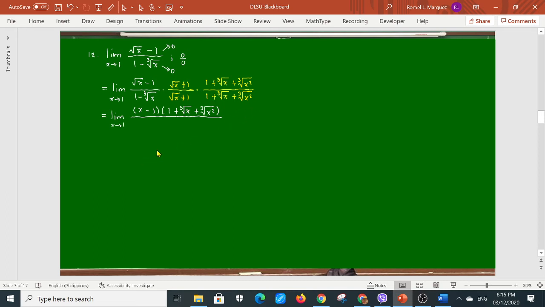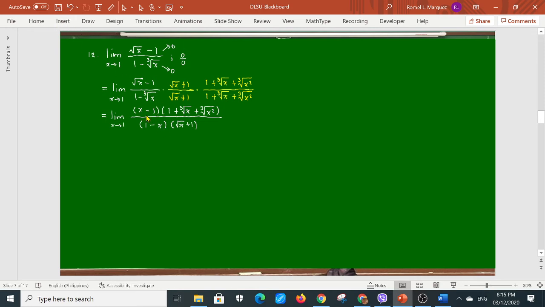So that is a cubed minus b cubed. So that is 1 minus x, multiplied to the yellow one. We just copy the yellow. Again, a minus b, a squared plus ab plus b squared, so this is the product: cube of the first minus cube of the second.